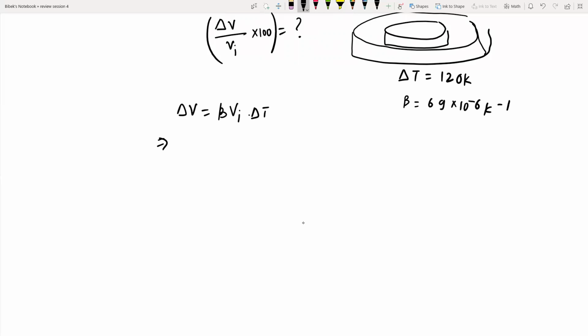So if you play with this equation, if you bring beta and delta T to the other side, you just need to bring the V to the other side. If you bring V to the other side, you will only have beta times delta T on this side.